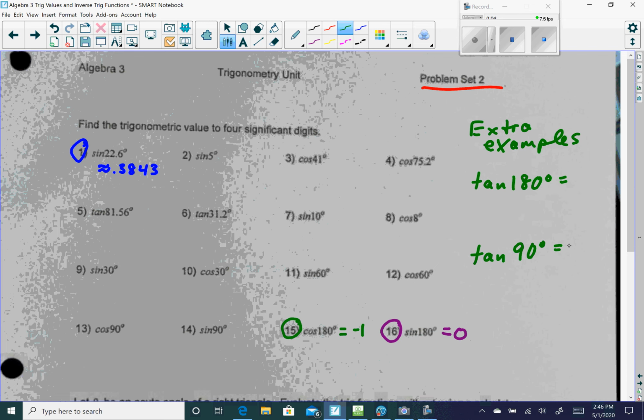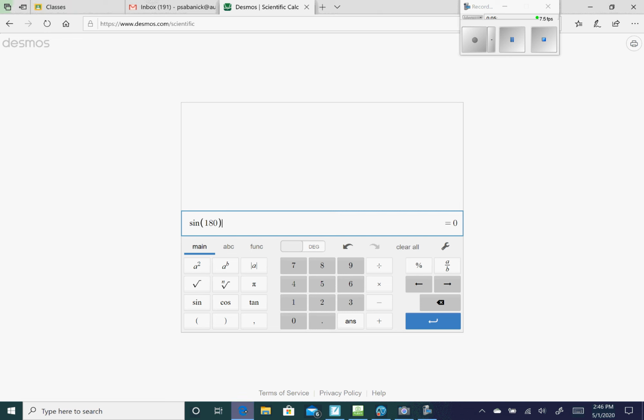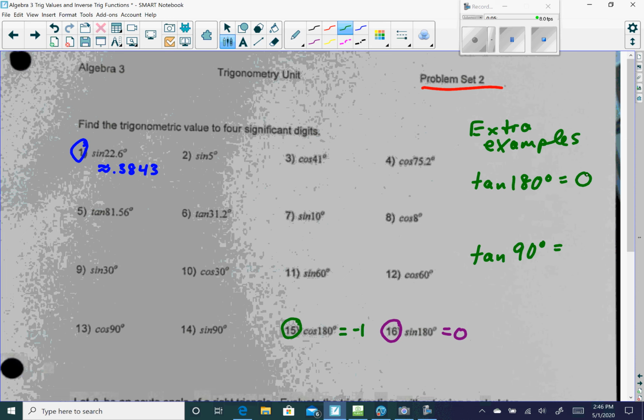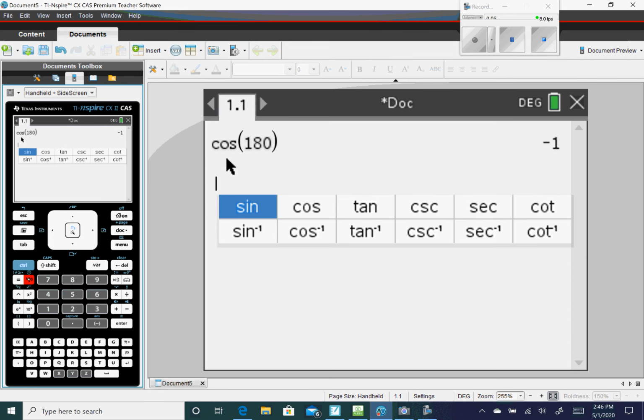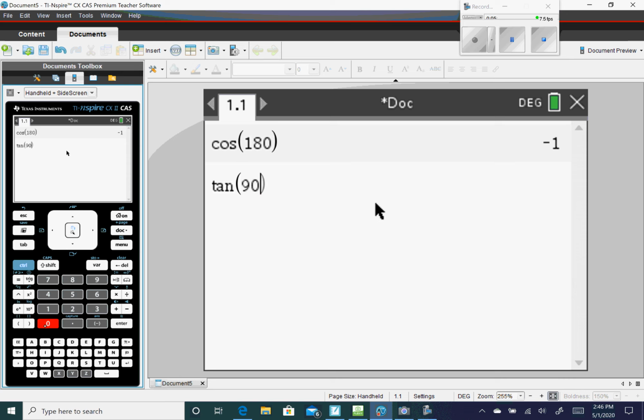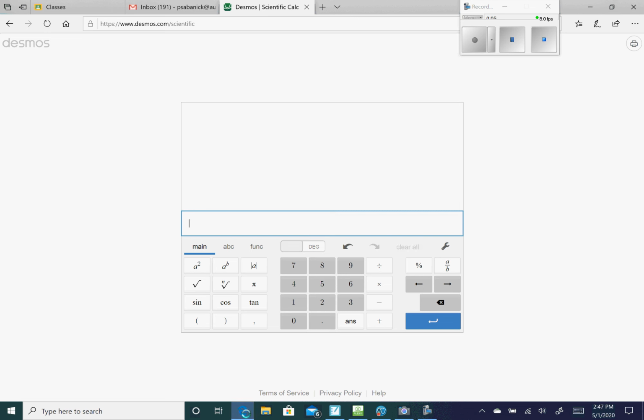I'm going to go to the Desmos calculator, type in tangent of 180 degrees, and we're getting a 0 for that. But tangent of 90 I'm going to show on the Inspire. Let's go tangent. Oh, now it finally calmed down. Tangent of 90 degrees, and we see that it's undefined. Hopefully it was coming up that way. If we do tangent of 90 on Desmos, it also says it's undefined.